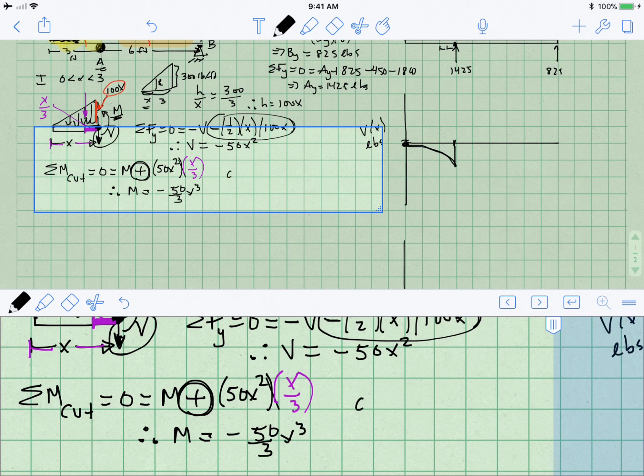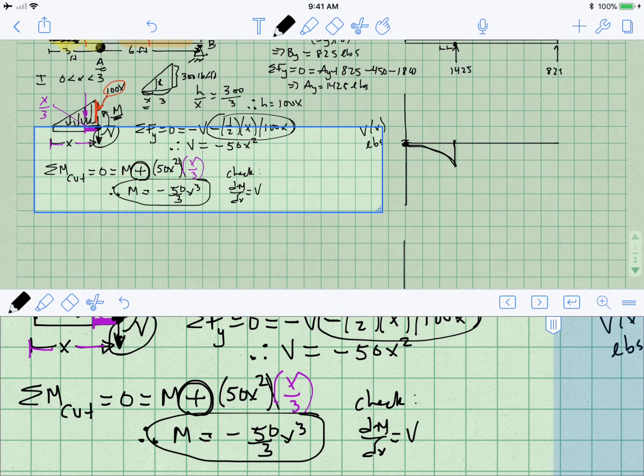So let's check. Remember, dM/dx should equal shear. In this case, when I take dM/dx of this equation, I get minus 50x squared, which matches that, and so that is good news.